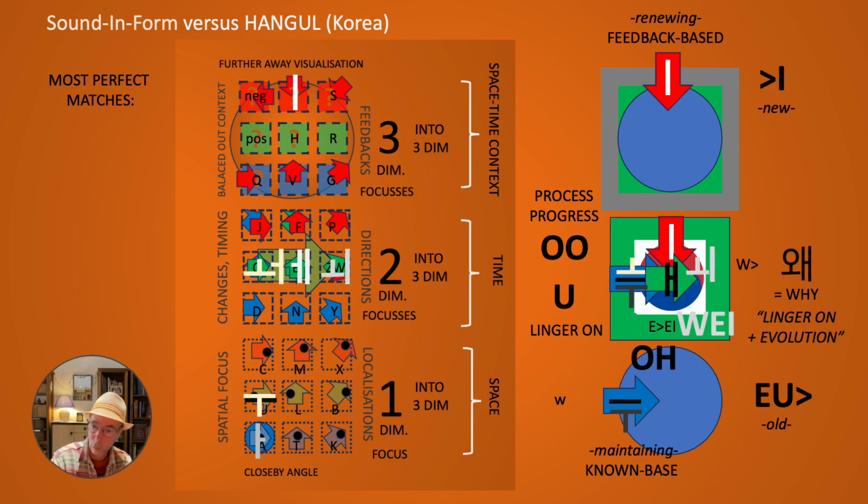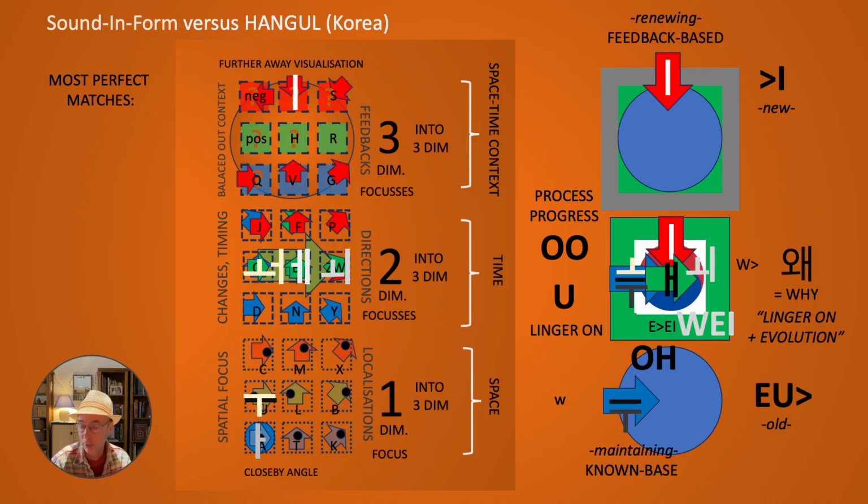And then you have also wae, where again you have the position of the W. The W is really the lingering on. You just go and see how far you can go for it, and you're not very sure how long you can maintain it. It is the progress of the things that you try to learn. That's what is written in my theory. W is continuing your progress and seeing how far you can go.